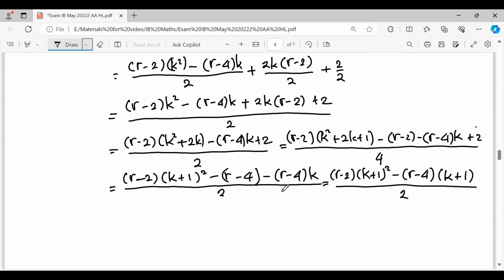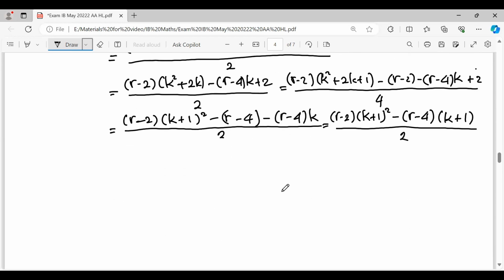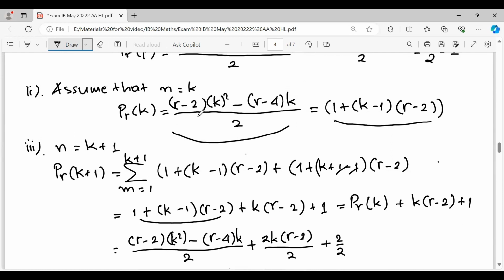So now we are going to prove that this P_r(k plus 1) equals based on this formula.